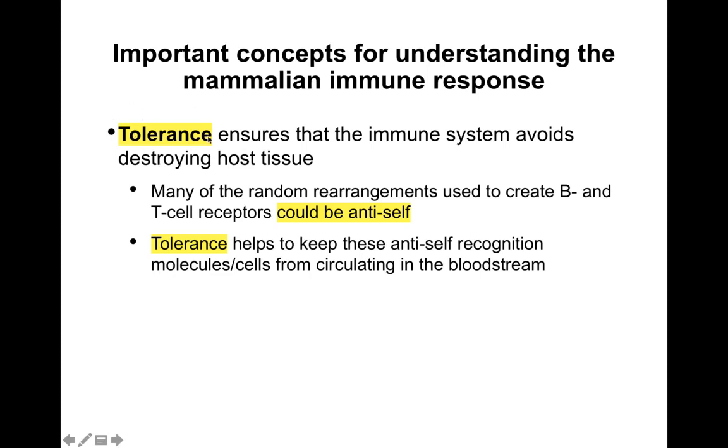This is a way that those random rearrangements in the B cell and T cell receptors are removed so that we don't recognize self antigens. So it's the fact that we have the ability to induce tolerance.